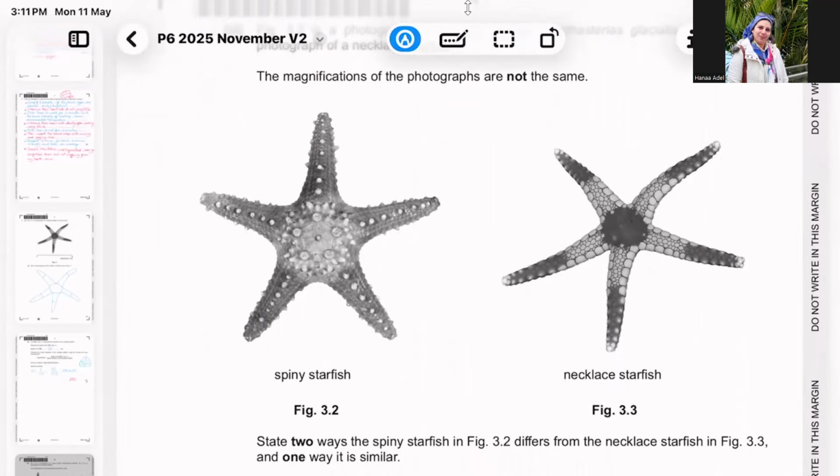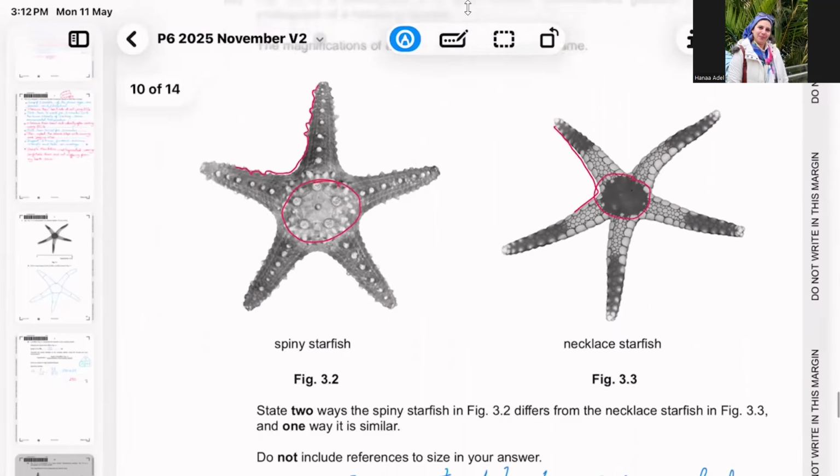We can find here this rough or spiny surface on this one, but this one is smooth. So the spiny starfish has spines or a rough surface, while the necklace starfish is smooth or does not have spines. We can also find the central disk here is lighter than in the necklace starfish.